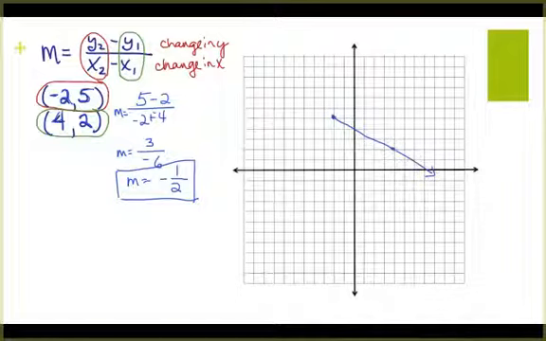So if you got a slope of negative 1/2, even if you weren't asked to graph it, you might just want to see that it does go down less. It goes over more than it goes down. Looks like that's less than 1. Because a slope of negative 1 would go through all those diagonal lines, so this one is a flatter line than negative 1. So negative 1/2 works. It makes sense.